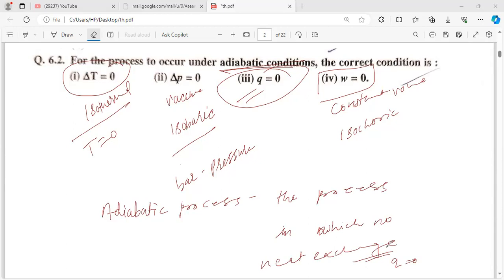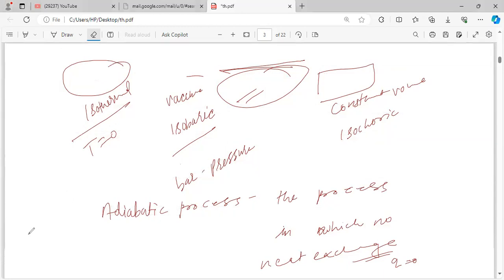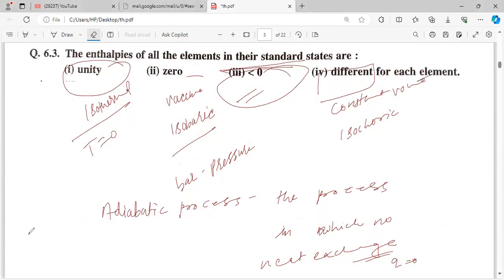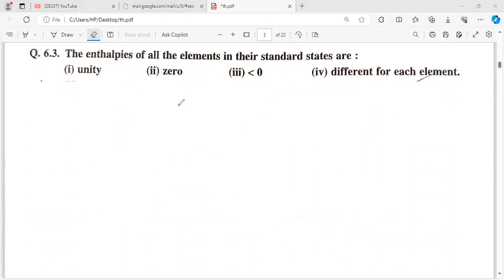Okay, so this is what? What will be the next one? Next one means enthalpies of all elements in standard state. Wait, let me go to the third page. Okay, tell me. The enthalpy of all elements in standard state is what you are saying? 0.